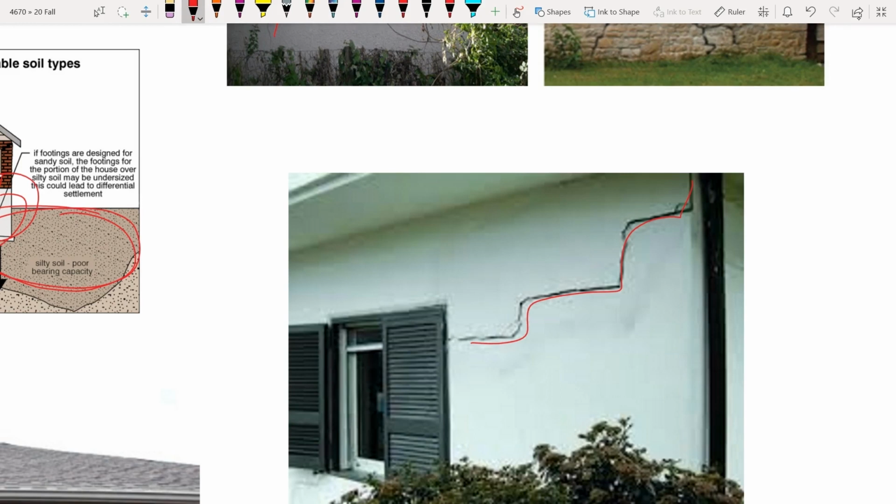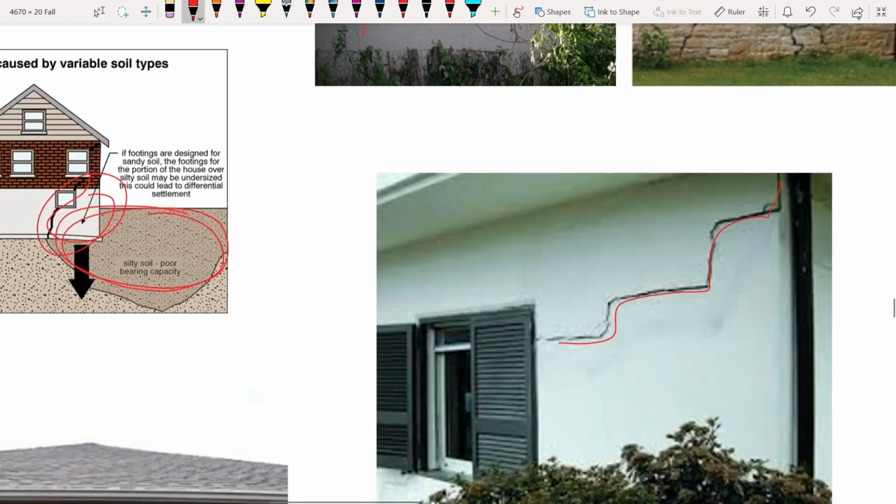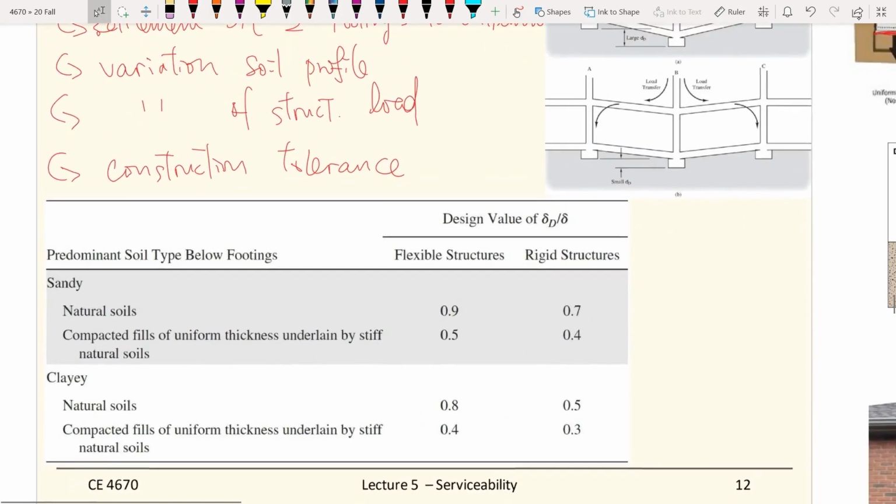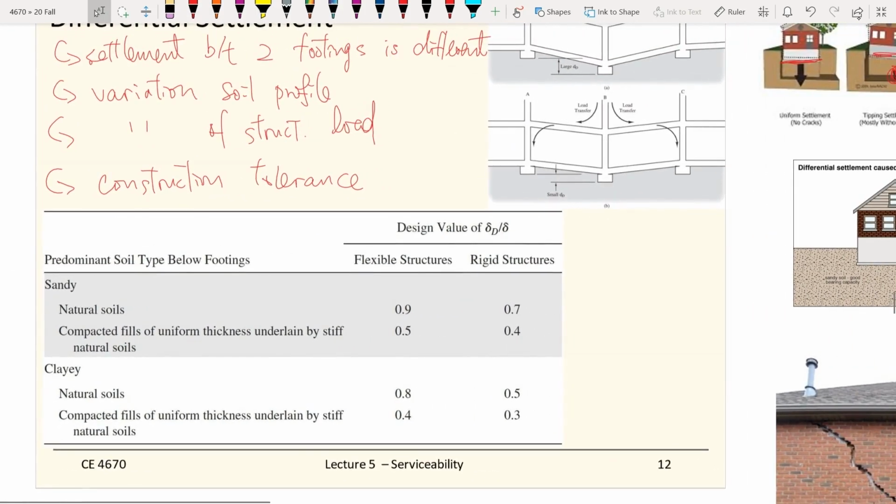So either we have a different soil profile, a very soft soil pocket underneath that specific location, or you may have very concentrated structural loading, a poor structural design that lets that happen. So it's a combination of both. That's a topic we always need to pay attention to as geotech engineers.